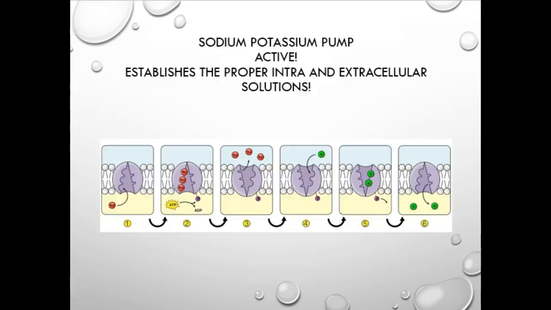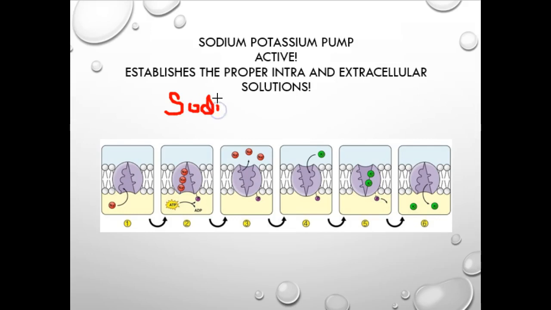Okay, sodium-potassium pump. Like I said, this is a complicated thing, and we're going to get into it when we talk about action potentials in the future. Basically, the gist that I want you to know now is, in a resting cell, we are going to have more sodium on the outside.